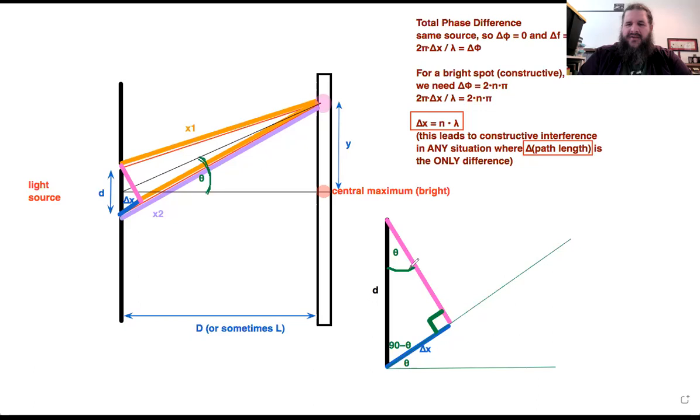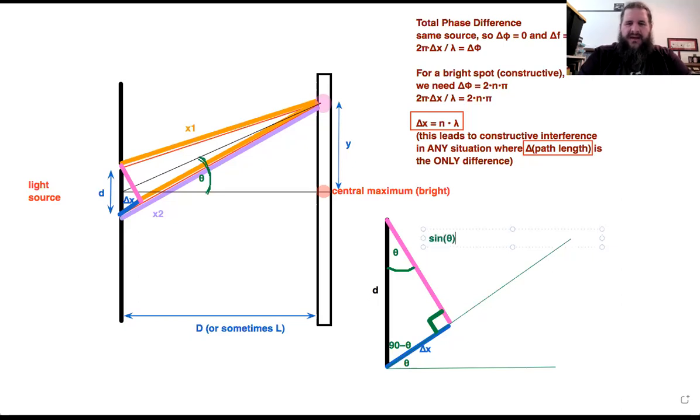We can use this theta as a reference point. So let's try some more trigonometry here. If we know this angle is theta, let's say that's some angle we can measure with a protractor. We can just measure the angle of elevation to the point of interest. Based on theta, what trigonometric function would relate delta x and d?